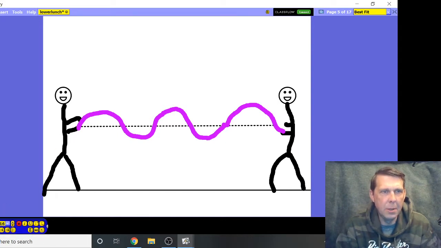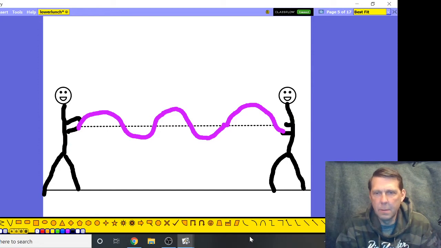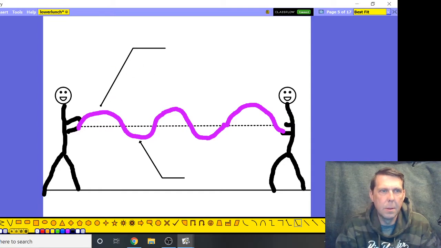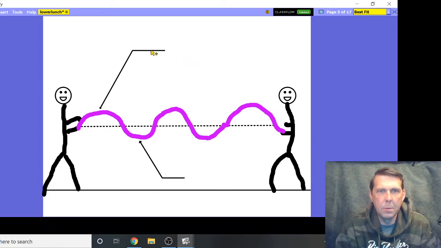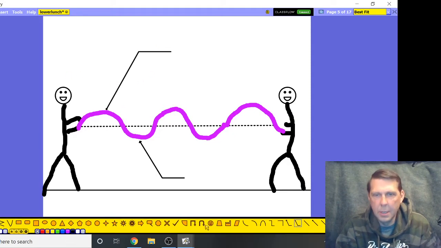Okay, and maybe we can put some fancy labels in here. We're going to look at what that part is, and what that part is, right there. We'll put one of these on there.